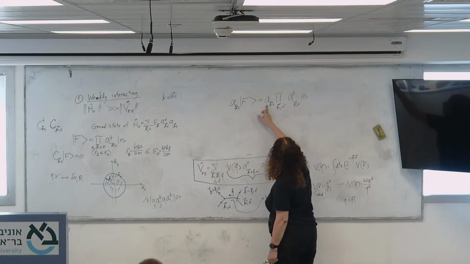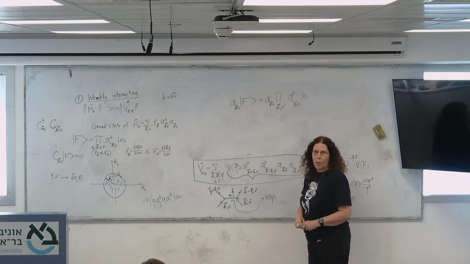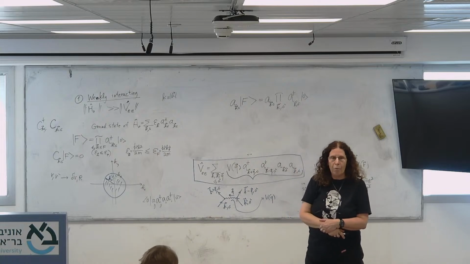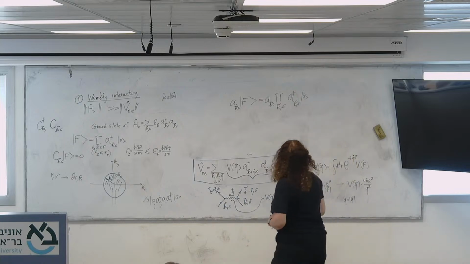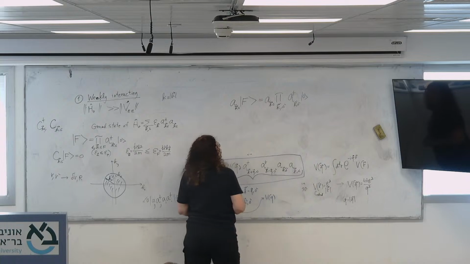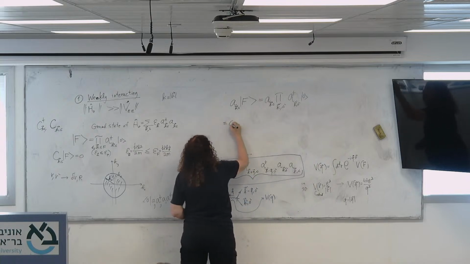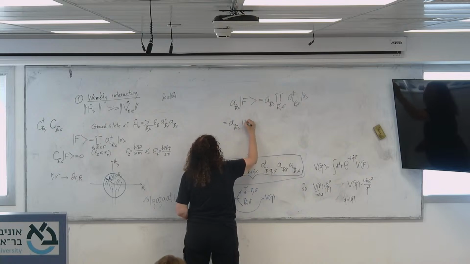In order to check in which case or whether it annihilates the state, I have to move the annihilation operator to the right, right? And before I do that, I want to rewrite the product in such a state.